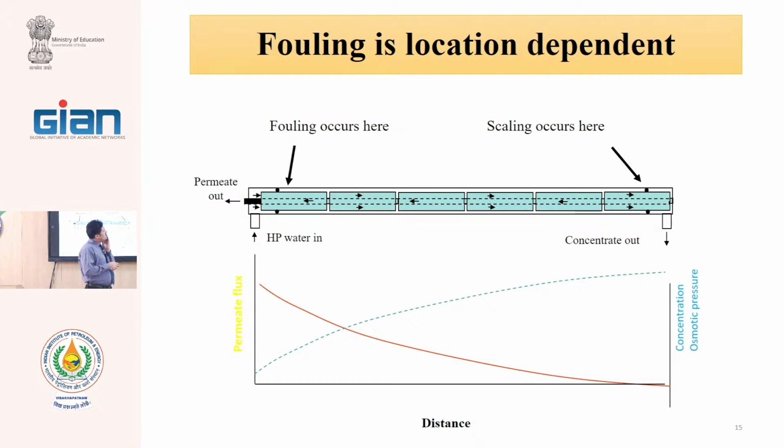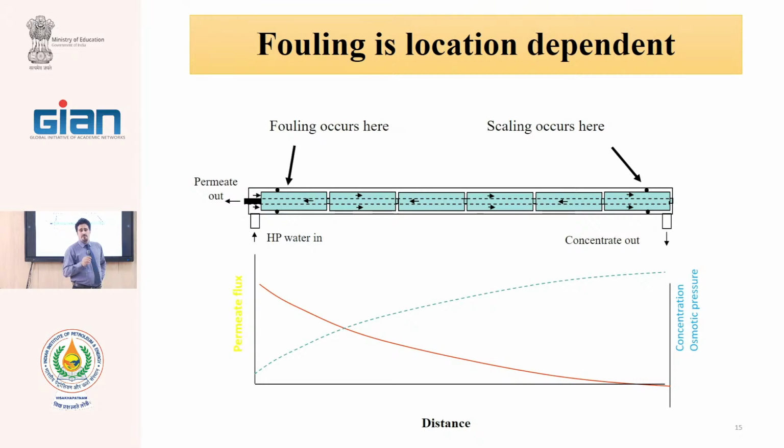In this slide, we say that the fouling is also related to the location of the modules. We have the feed entrance here, from the left, and from the right, the concentrate exits, okay? And we have 6 modules. In the first module, we have mostly organic fouling.